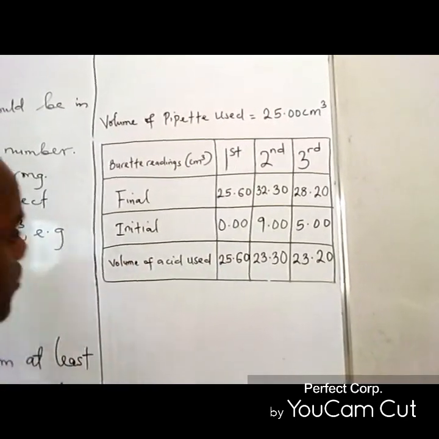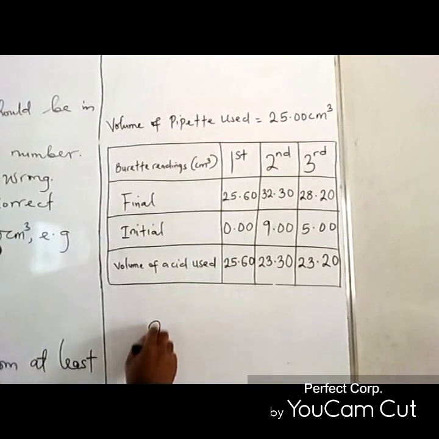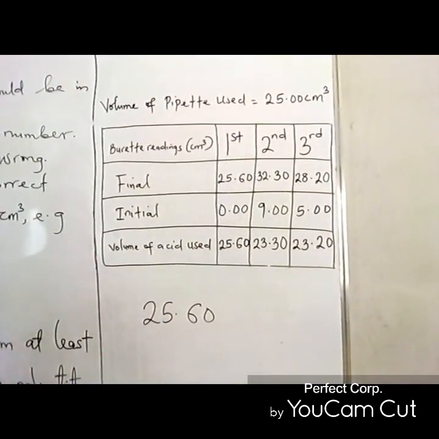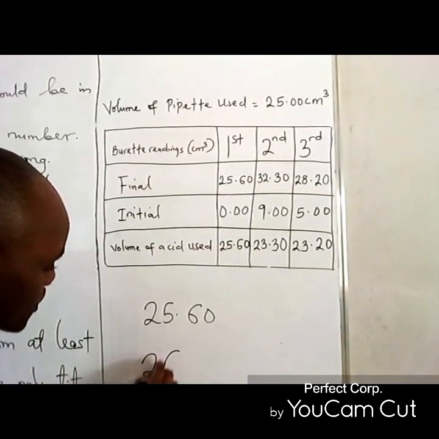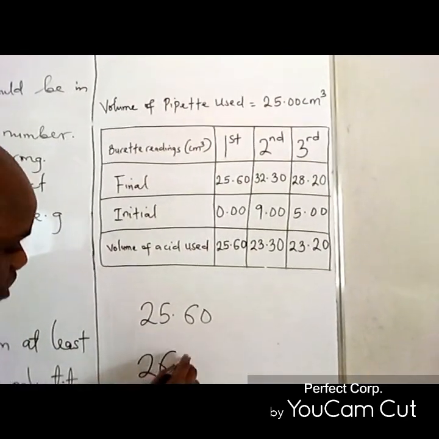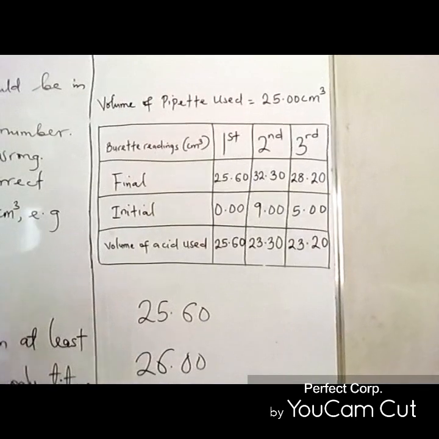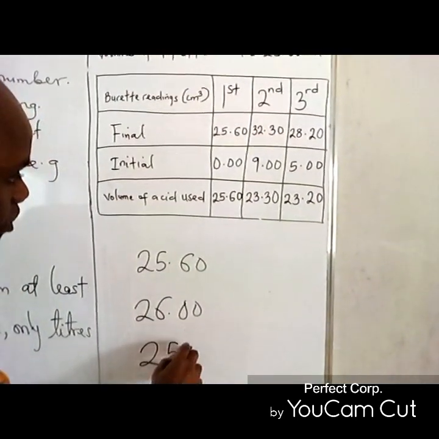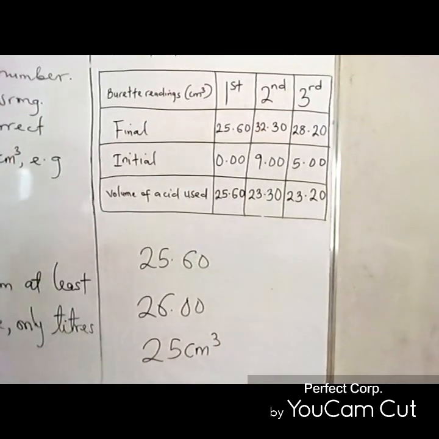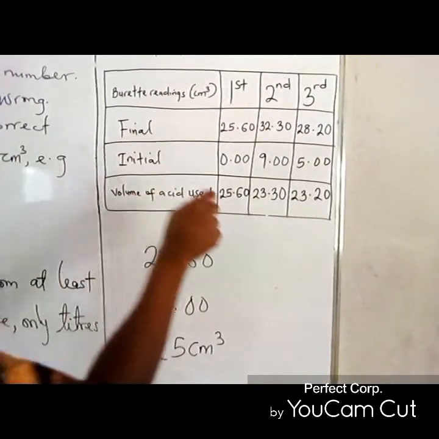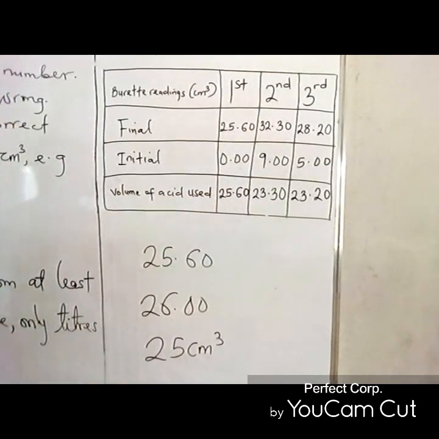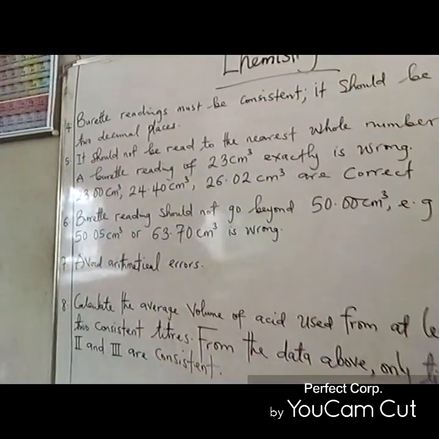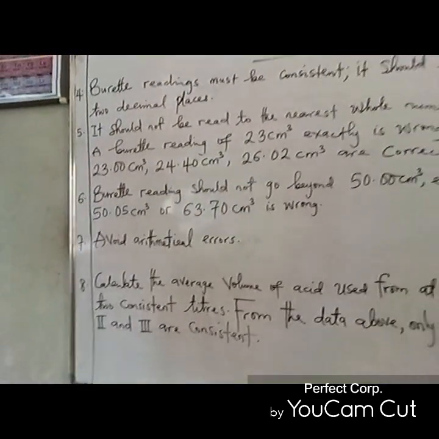So what precaution 5 is saying is, as a chemistry student, don't say you want to approximate 25.60 to 26.00. It's wrong. Or approximate it to just 25 cubic centimeter. It's wrong. So just leave it the way it is. So that is what precaution 5 is trying to tell us.